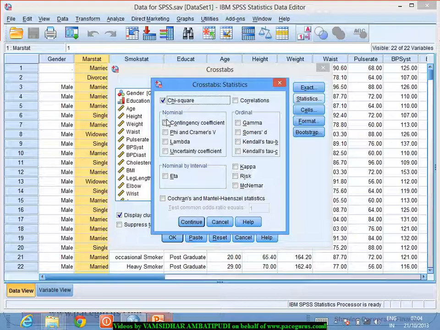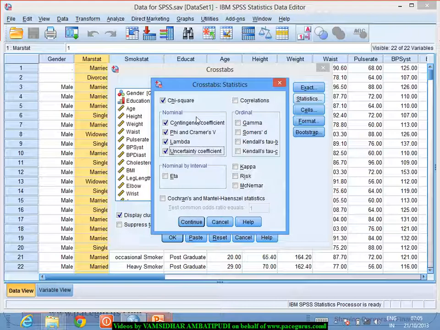And because I have a nominal variable with me, I would try to check for these things. These are some of the calculations which give me an indication regarding the strength of the relationship. We'll discuss all these, but on a broad scale, this will tell me whether the relationship between the two variables exists or not, which means whether the two variables are independent or not.